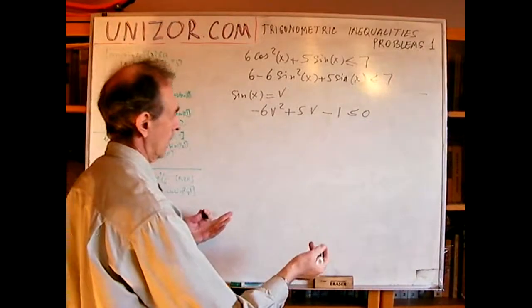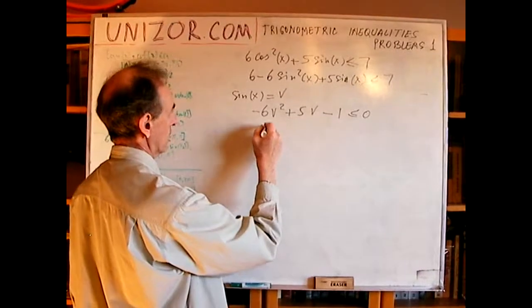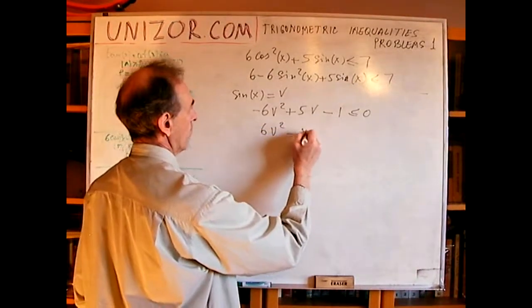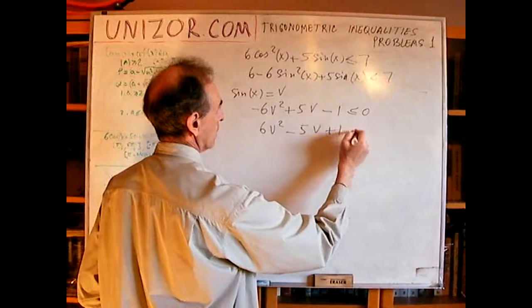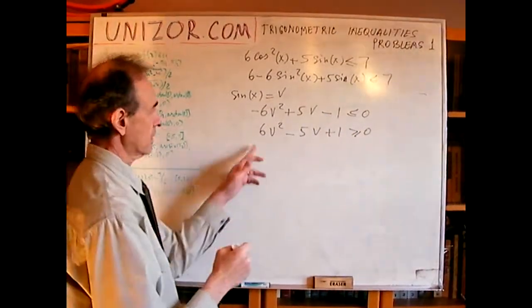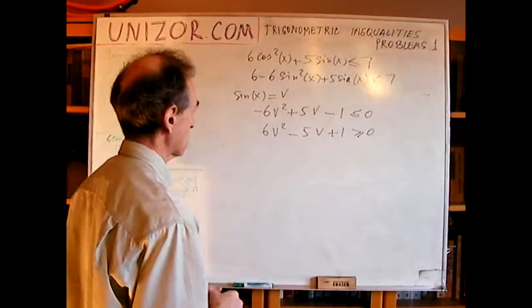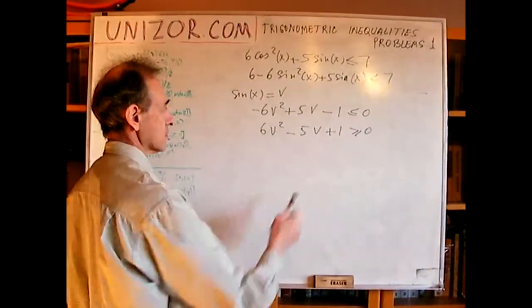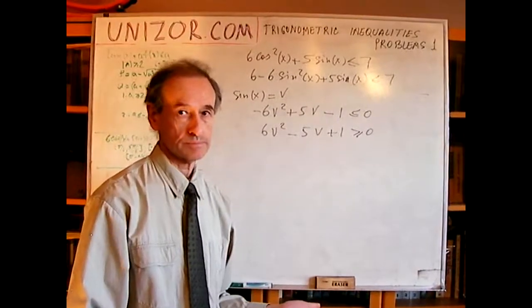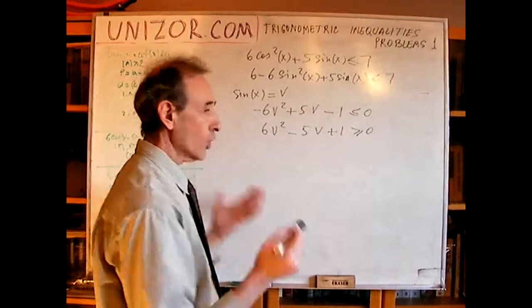Or I like to have plus at the square, so I will have 6v squared minus 5v plus 1 greater than or equal to 0, right? I reverse the sign of the left part and reverse the inequality to the opposite one. Now, what is this? This is a parabola, right? Directed upwards.